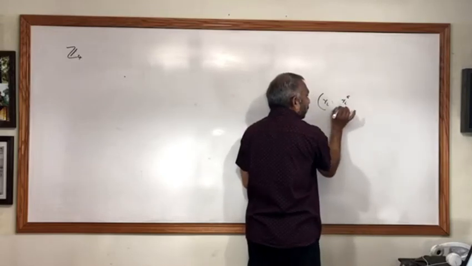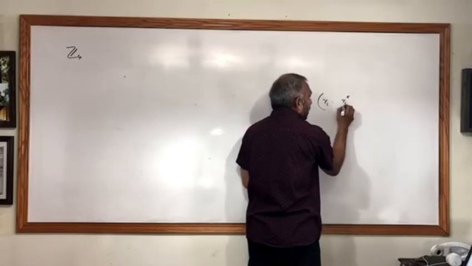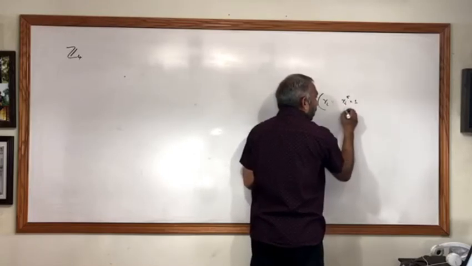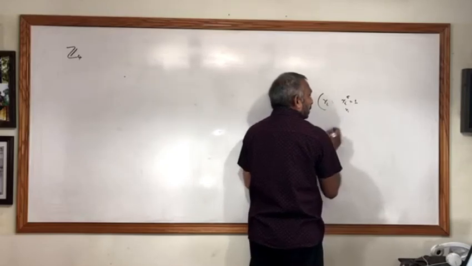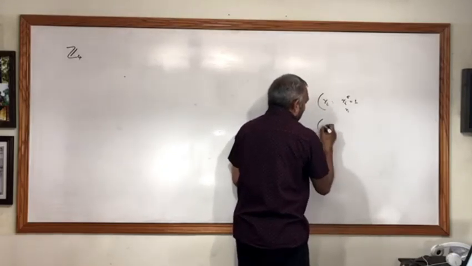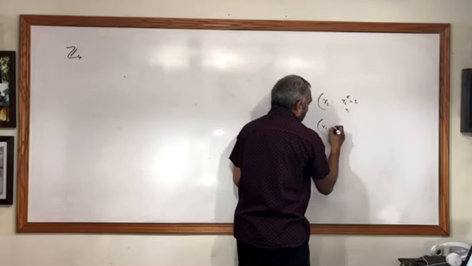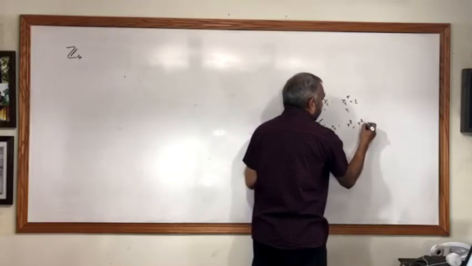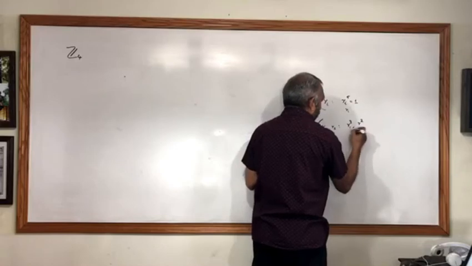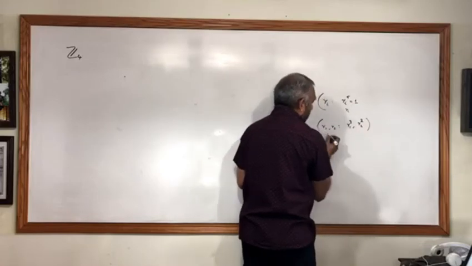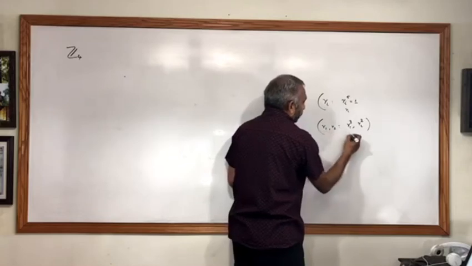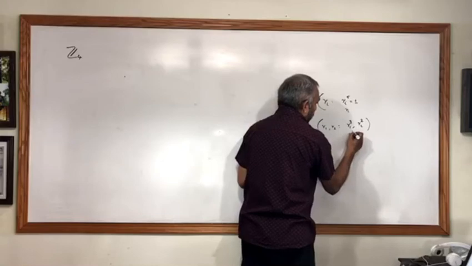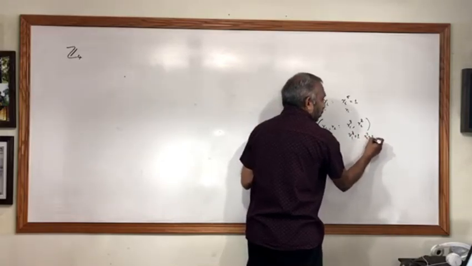Just Ri to the power of 5 is enough. This means that Ri to the power of 5 is equal to 1. You can write it as Ri to the power of 5 is equal to 1 or just Ri to the power of 5. So we can also write like R1 cube, R2 square. This means that R1 square is equal to 1, R1 cube is equal to 1, and R2 square is equal to 1.